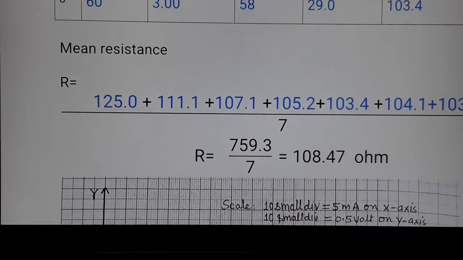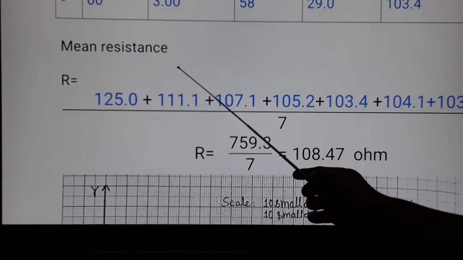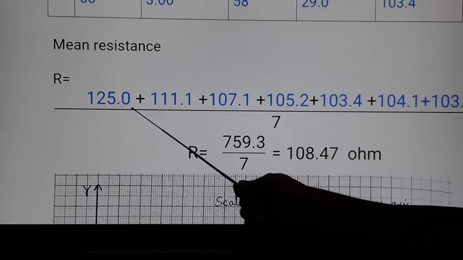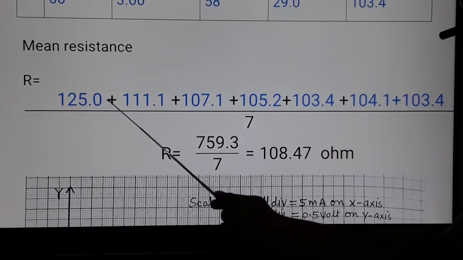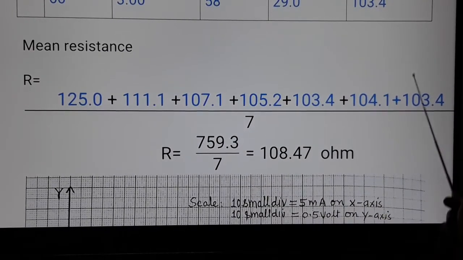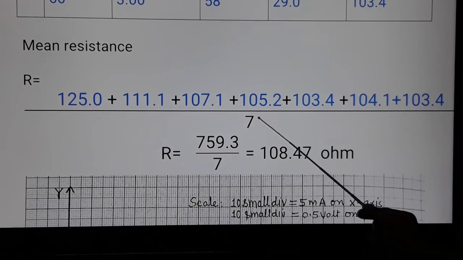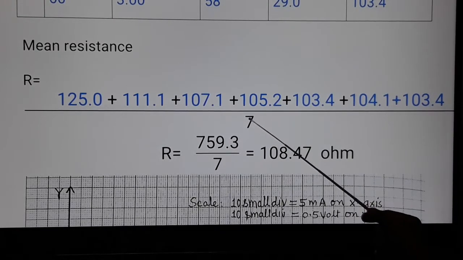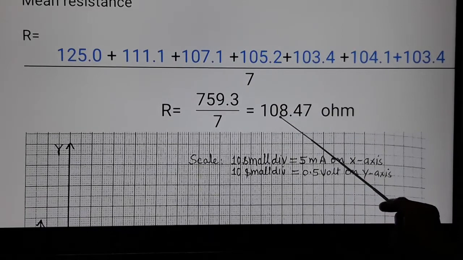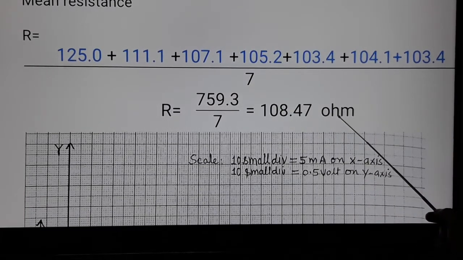After calculation, the mean resistance is taken as the sum of all 7 readings divided by 7, which comes out to 108.47 ohm.